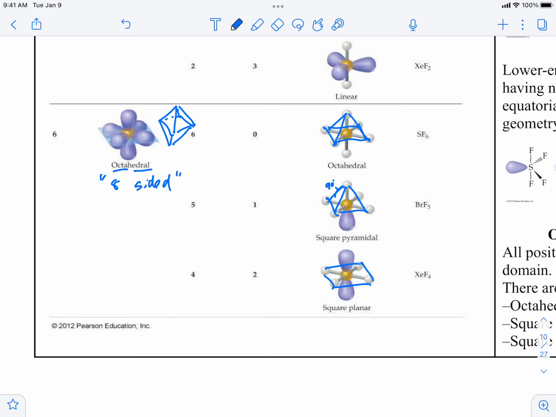Why would the square pyramid not be bent at all? Like with the one pair on the bottom, like when the ones on the side? Okay, yeah, I see what you're saying. So why wouldn't it be like the bonds get pushed up a little bit?